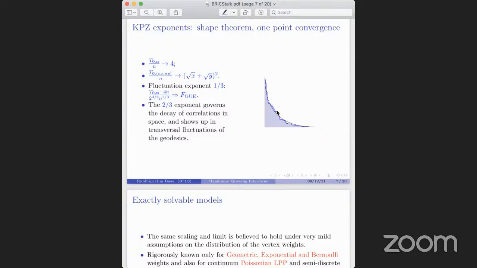Now b of x is like square root x. So the maximum will be achieved when square root x is comparable to x squared over t. That gives you the 1/3 fluctuation. Oh, thank you. So that is the intuitive explanation for 1/3.